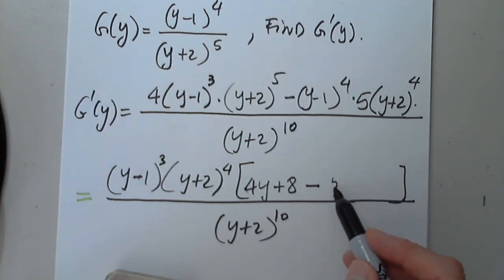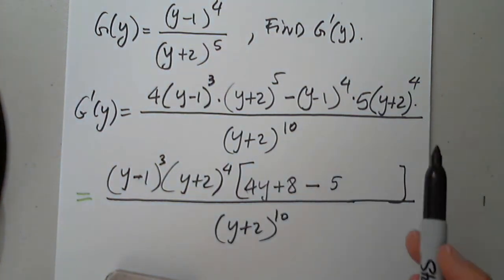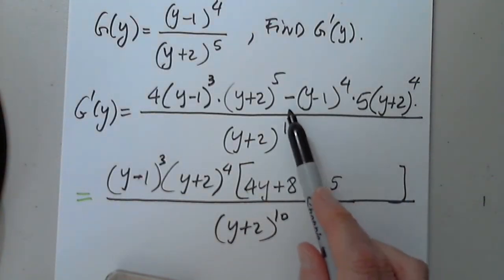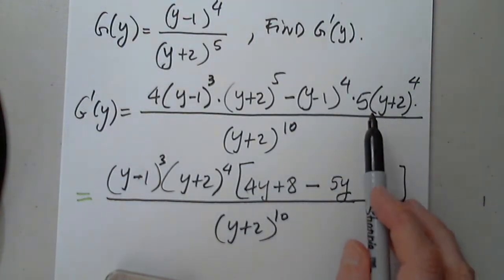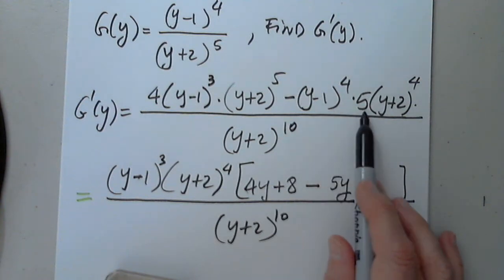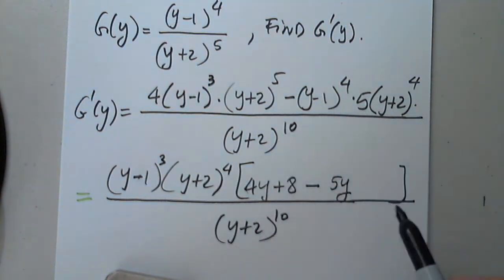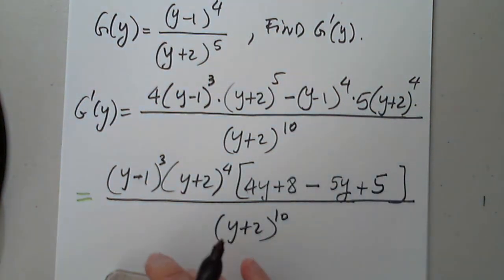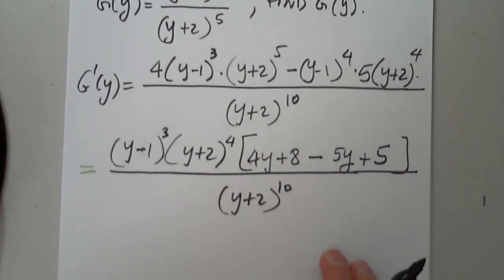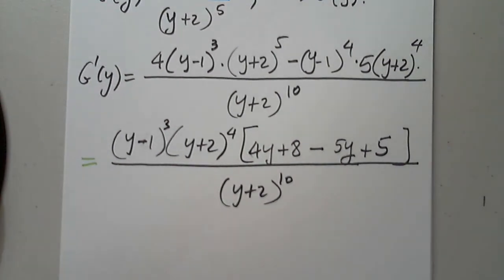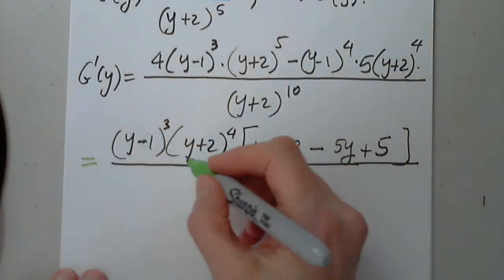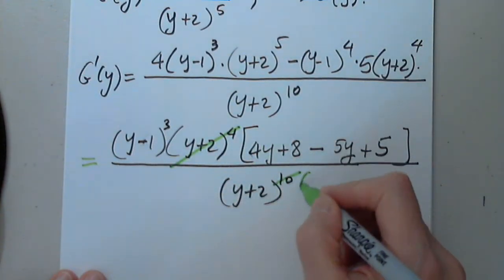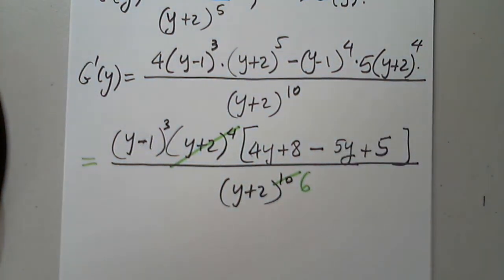Five y minus 5, if you put parentheses, right? So 5 times y with minus is 5y. 5 times negative 1 is negative 5. Is this okay? Yes, absolutely, because we are simplifying factors. We cannot touch terms or pieces of terms.